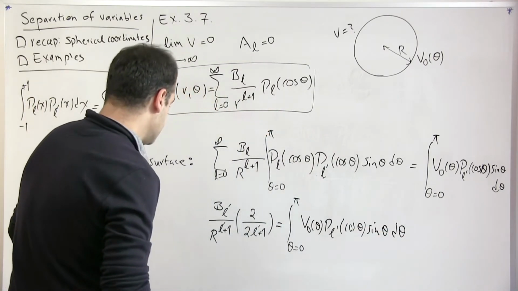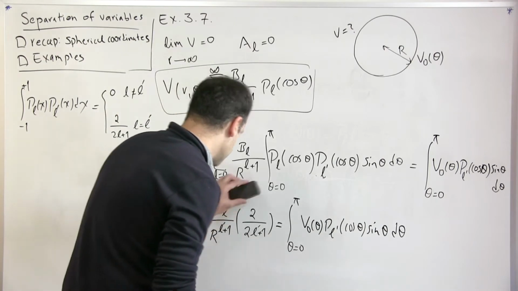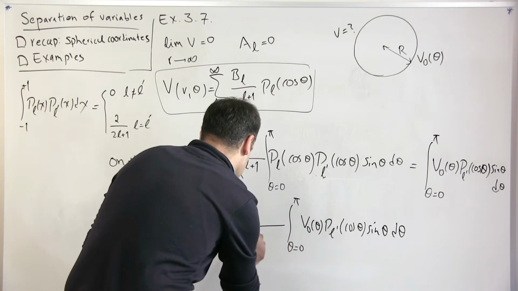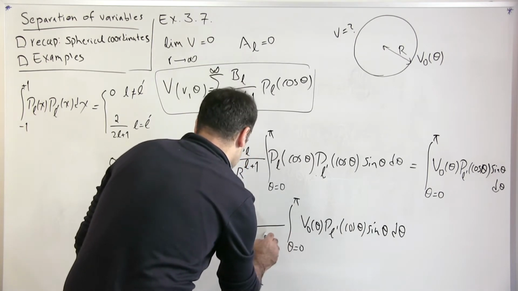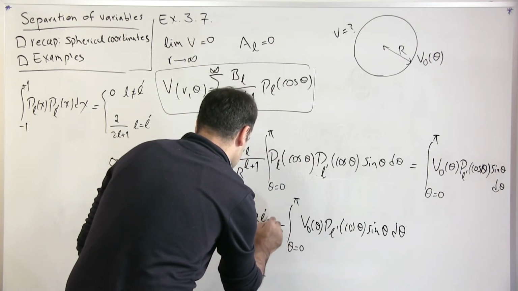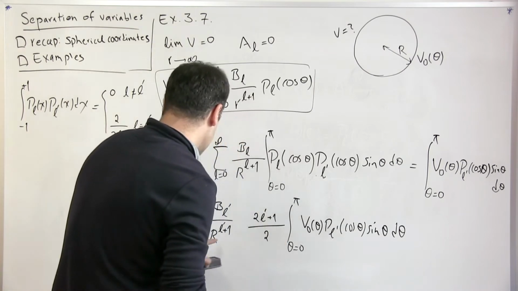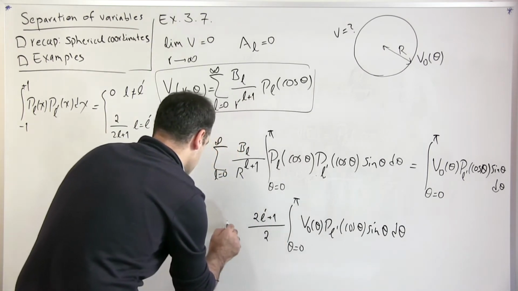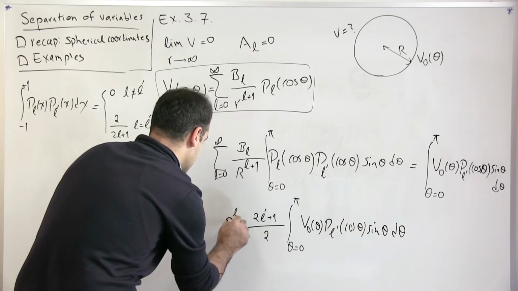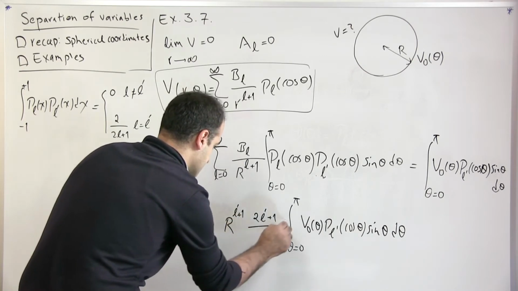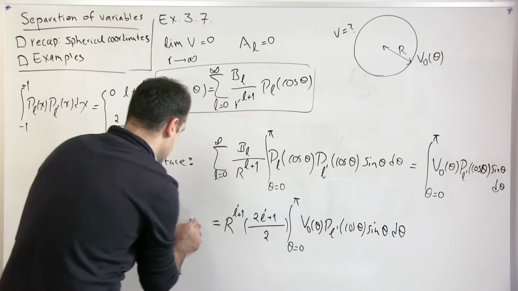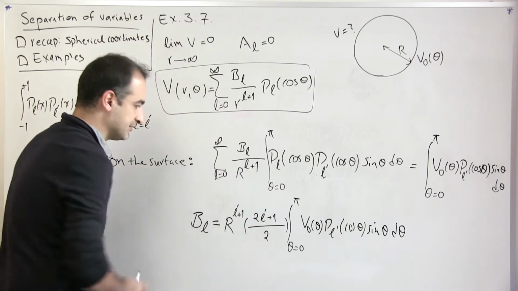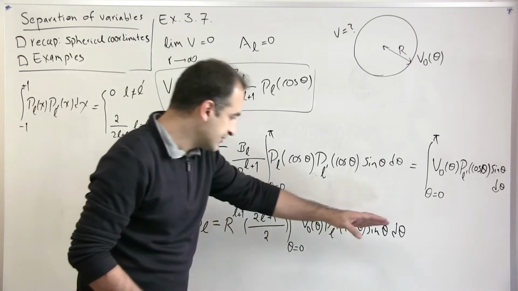So if I do that, we get 2L prime plus 1. And this R to the L prime plus 1 goes to the other side. That becomes R to the L prime plus 1 times this. And this is basically the BL prime values, okay? So now everything in this equation is L prime.